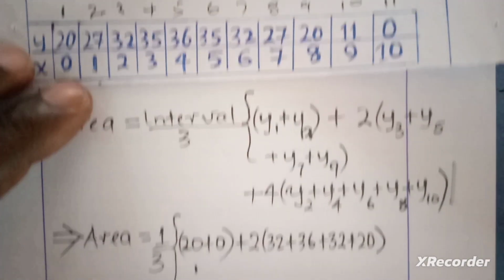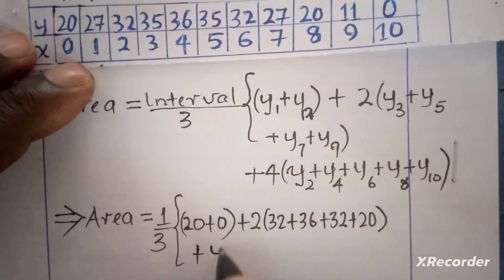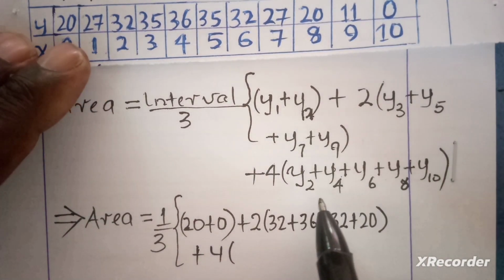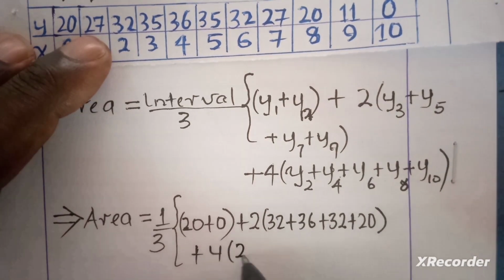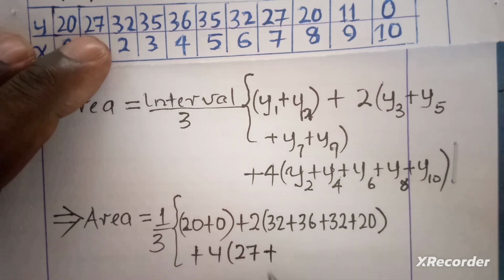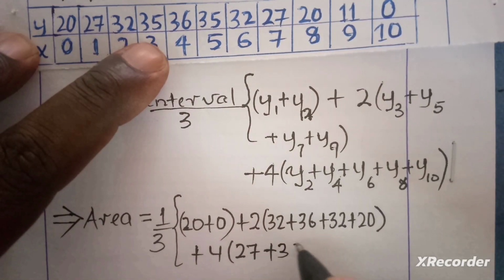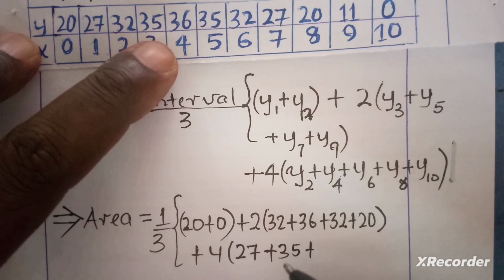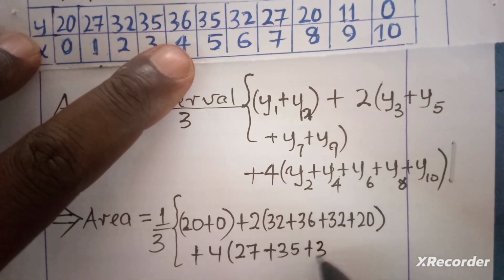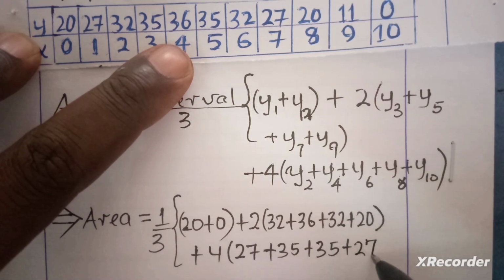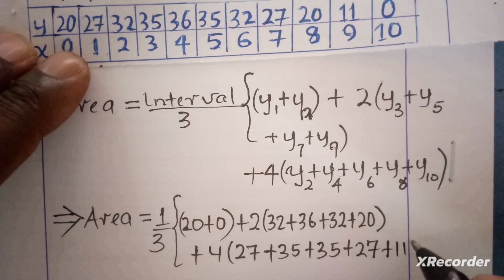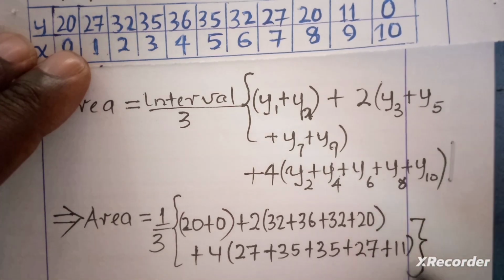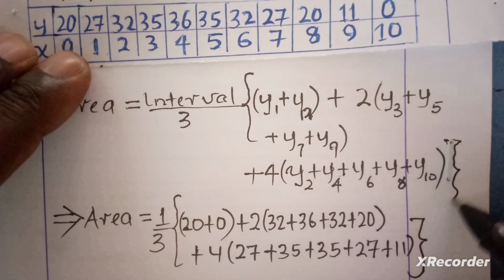Then plus 4 multiplied by the ones that are left, those are even: y2, which is 27, plus y4, which is 35, plus y6, which is 35 again, plus y8, which is 27, and then y10, which is 11, like that. And this one we had in a bracket there.